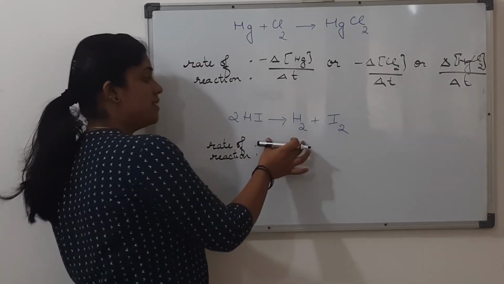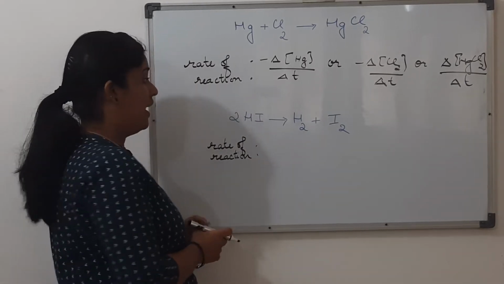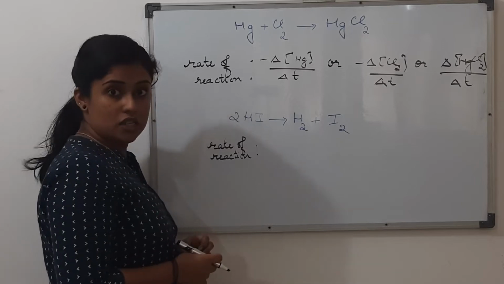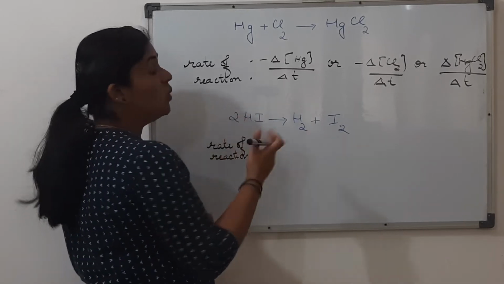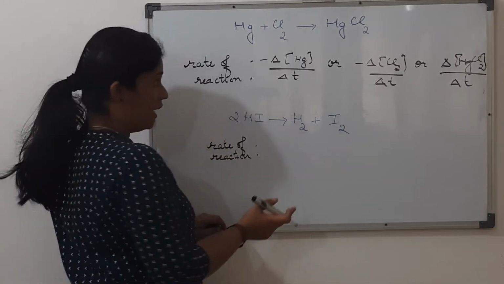Now consider the next example, where hydrogen iodide, HI, is dissociating to hydrogen and iodine. Now in this reaction we have 2 HI. So how do we write the rate of the reaction?